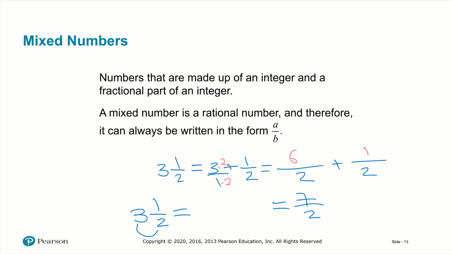You're going to multiply those and add it to that to get your numerator. The denominator, of course, stays the same. So keep the denominator. To get the numerator, multiply the denominator by that whole number, so you get 6, add it to the 1, and you get what? You get 7/2.